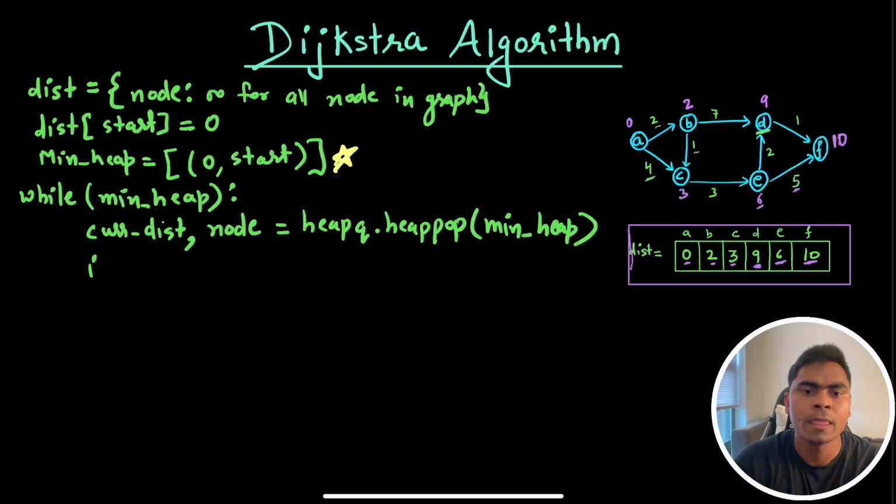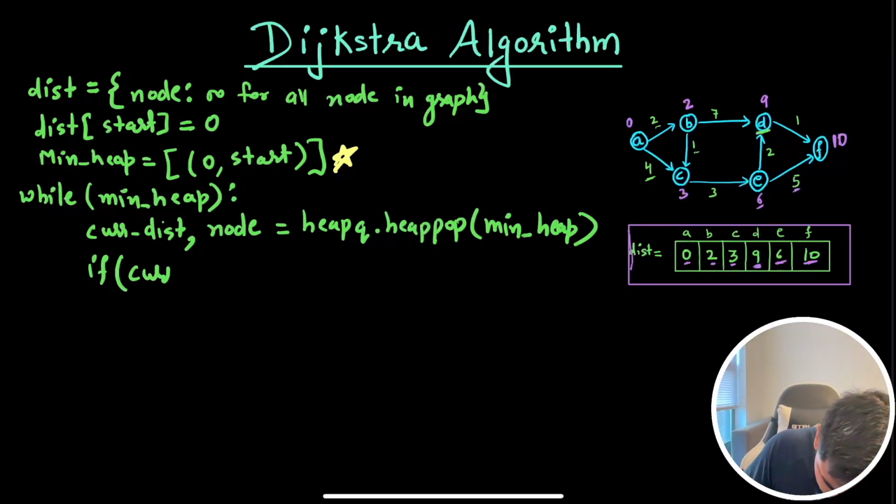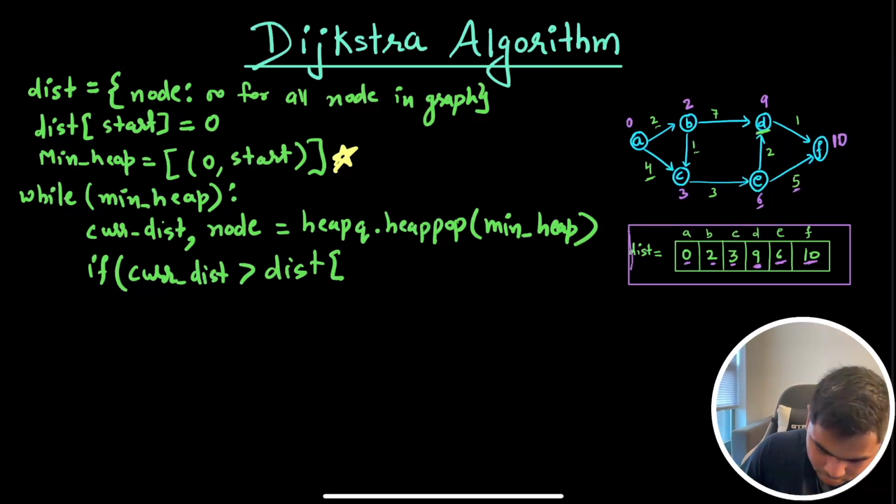If the current distance is greater than the distance that is already stored in my dist array for that particular node, because I have already found a better path, then I will continue. Okay, continue.